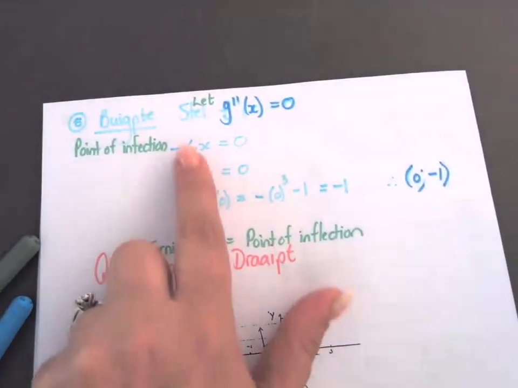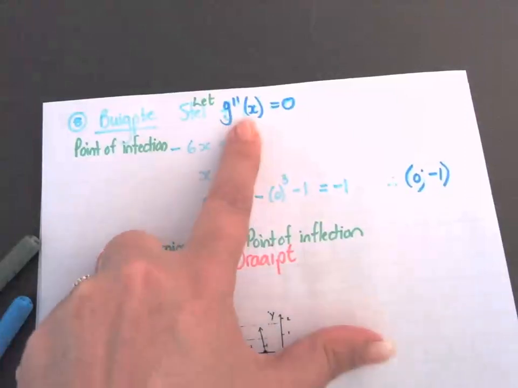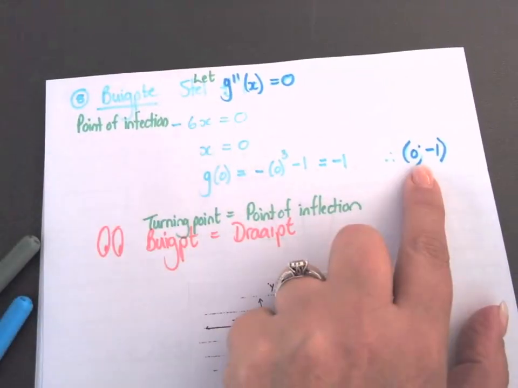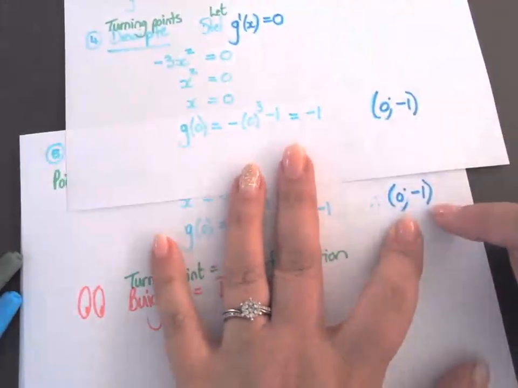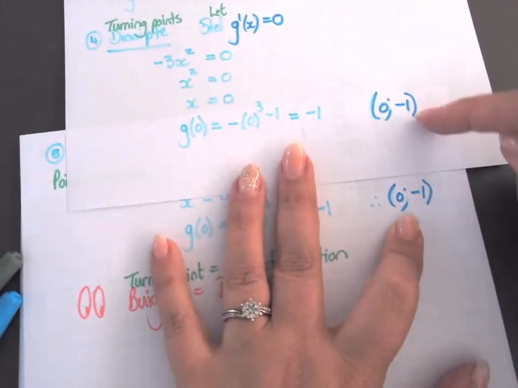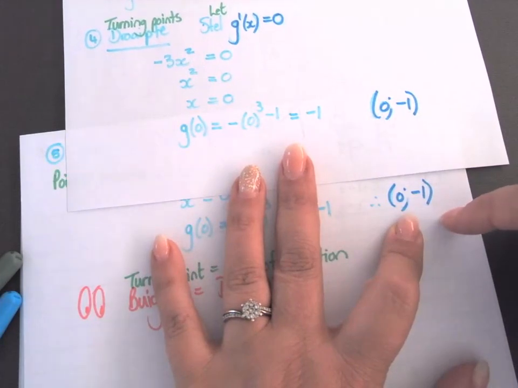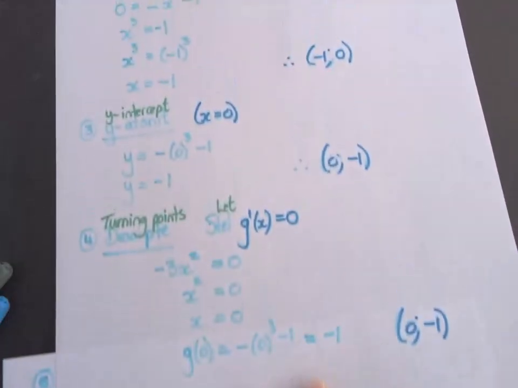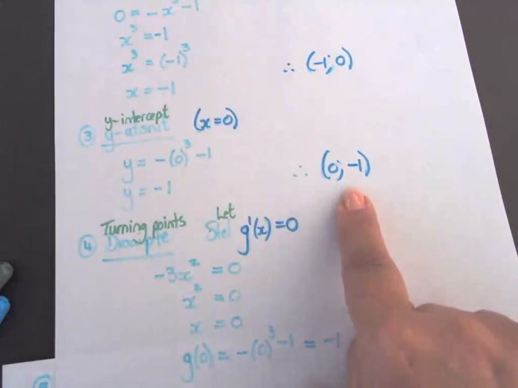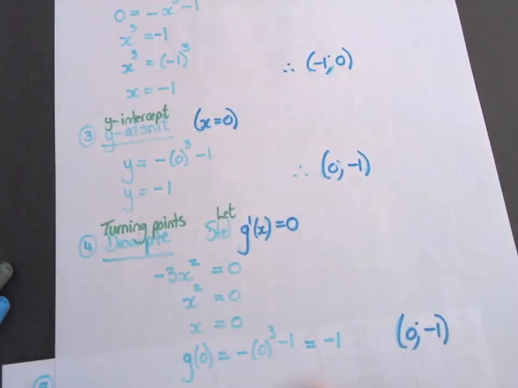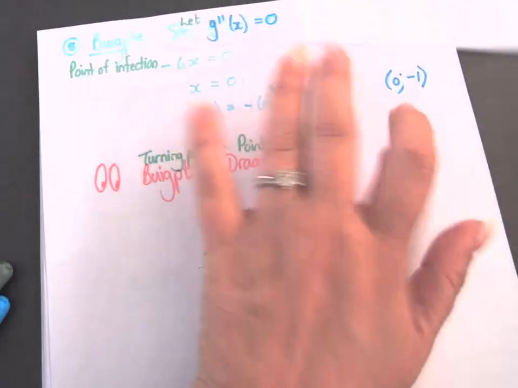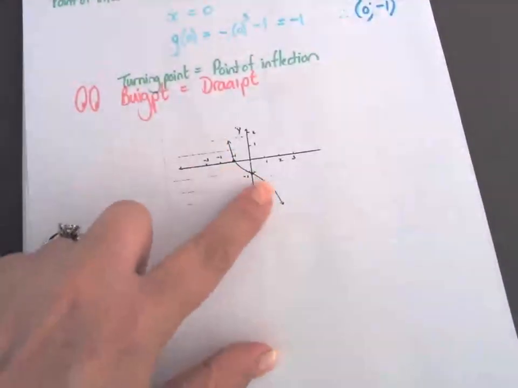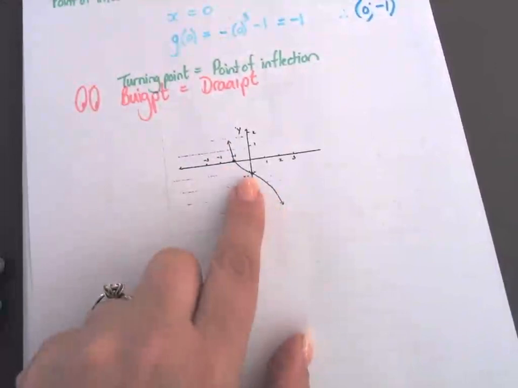The next one, the point of inflection, second derivative set to 0, and you get 0, minus 1. So my turning point and my point of inflection is the same coordinate. But it's also the same coordinate for the y-intercept. So this is definitely a propeller, and it will cut the y-axis at negative 1.